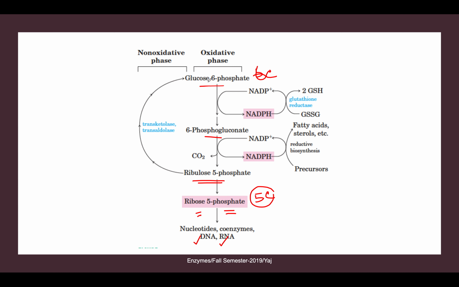In the process of conversion of glucose 6-phosphate to ribose 5-phosphate, you can see here at multiple steps you have oxidation happening, and NADP is converted to its protonated form, and this NADPH is also important because it helps in the reduction of superoxide radicals in the red blood cells, and this particular process requires the participation of a molecule called glutathione.